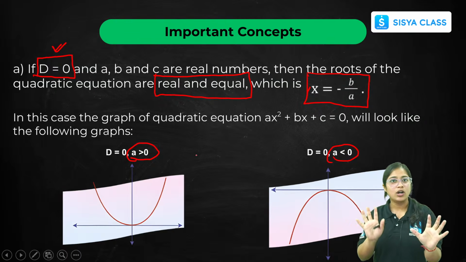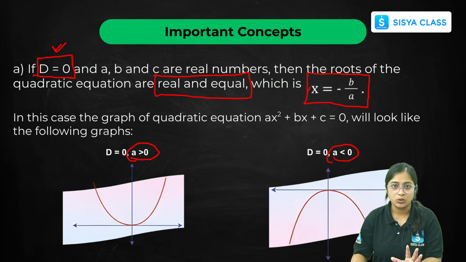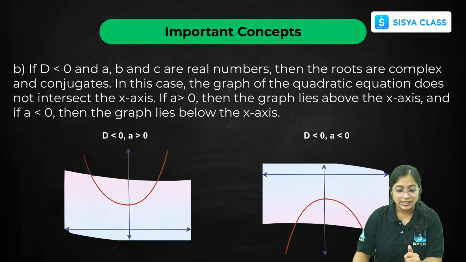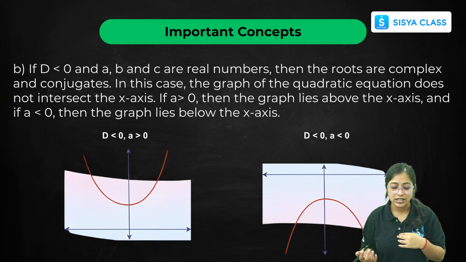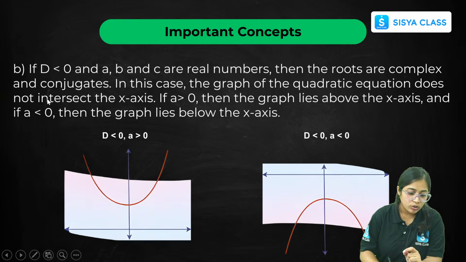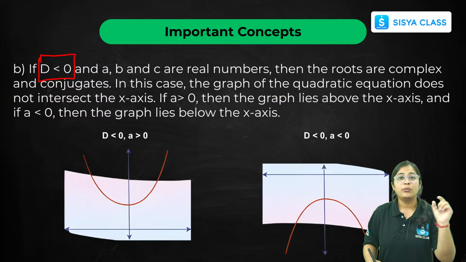So this is how the graph of a quadratic equation looks when your discriminant is 0, right? Now we will see when our discriminant is less than 0, how the graph looks and what the nature of roots is. If your discriminant is less than 0, in that case the roots are imaginary, right?